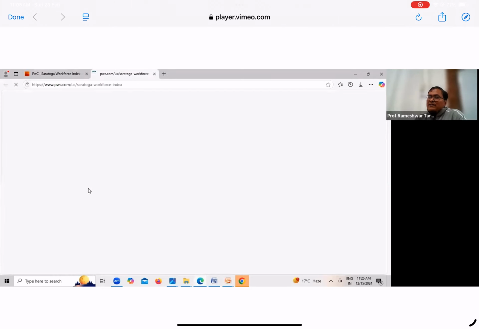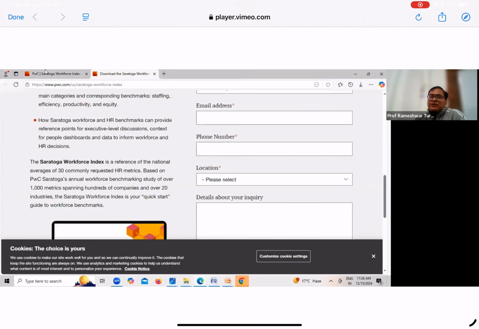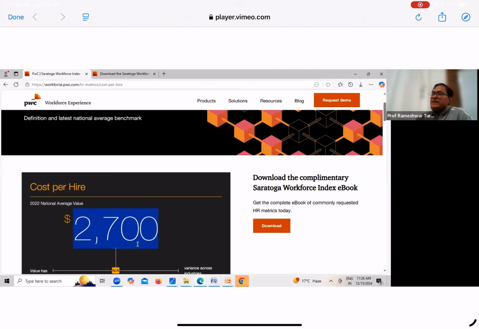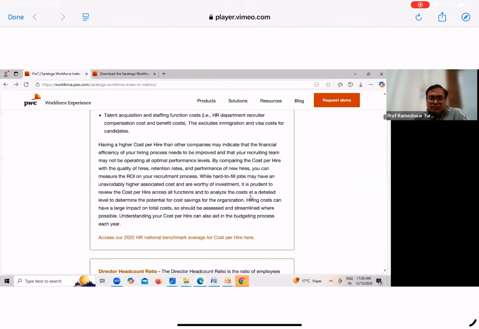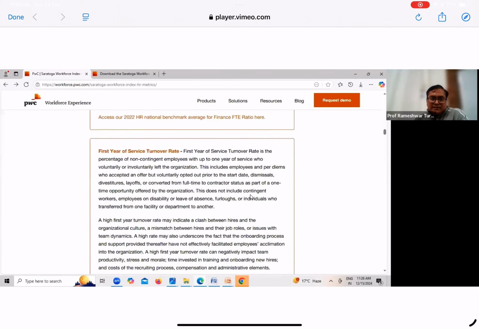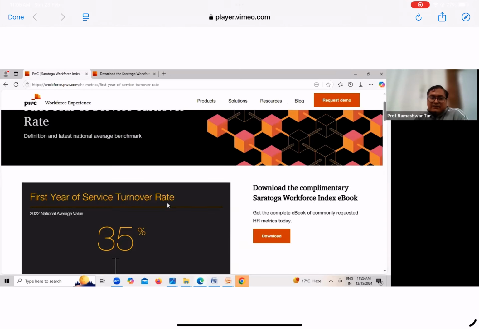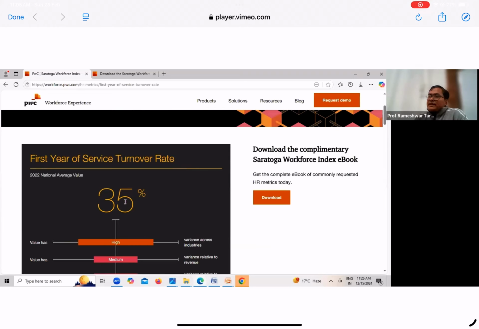You have to give your email ID and personal details, and they will give you a report. These benchmark reports are a very common phenomenon. Similarly, we can see others: direct headcount, executive headcount, finance. First year service turnover rate is also there, where you can see 35% of people actually leave in the first year itself. So it gives you a lot of information.